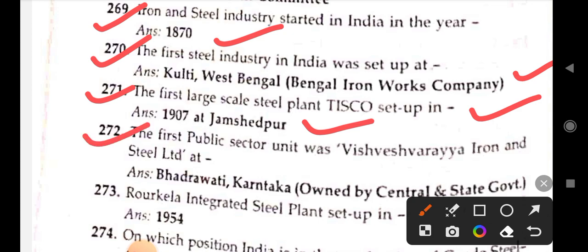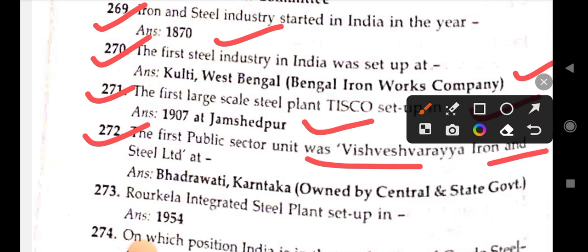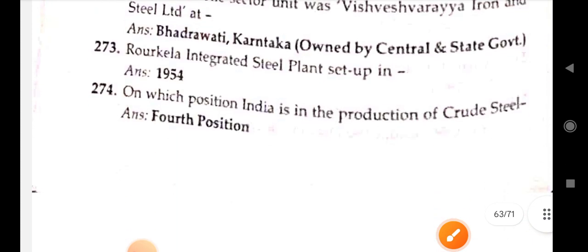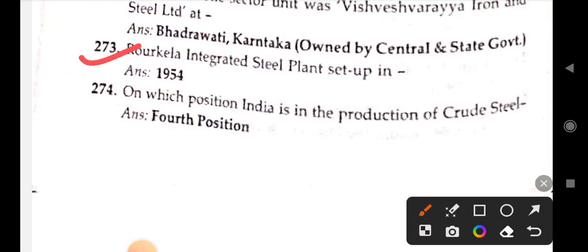The first public sector unit was Visvesvaraya Iron and Steel Limited at Bhadravati, Karnataka, owned by central and state government. Next, Rourkela Integrated Steel Plant was set up in 1954.